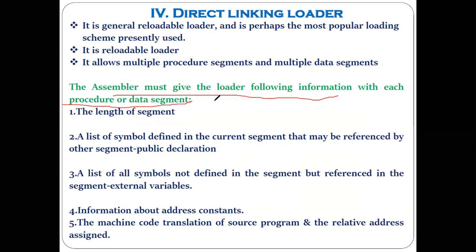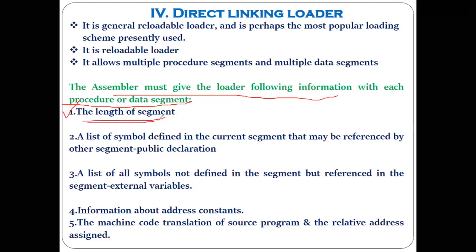In short, the assembler must provide various kinds of information related to your source program, or the object module. Now what is that information the assembler should provide to the loader? So this is the information. First thing is the length of the segment.